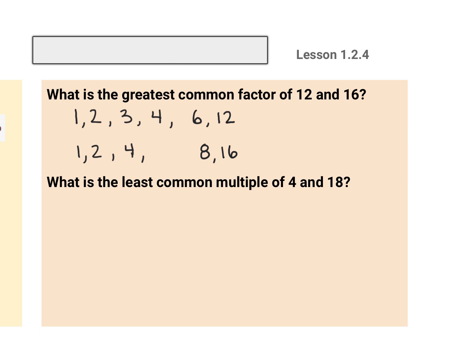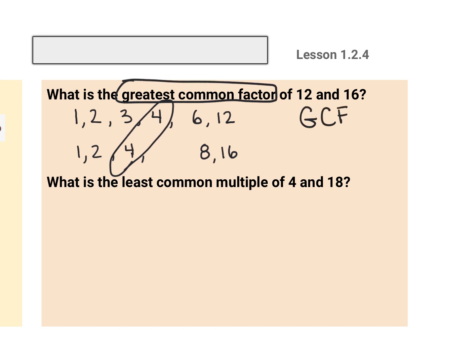We have the list of factors for 16. What is the largest number that is in both lists? And what I'm seeing is that it is 4. So the greatest common factor, or GCF, that's how we abbreviate it, is 4.